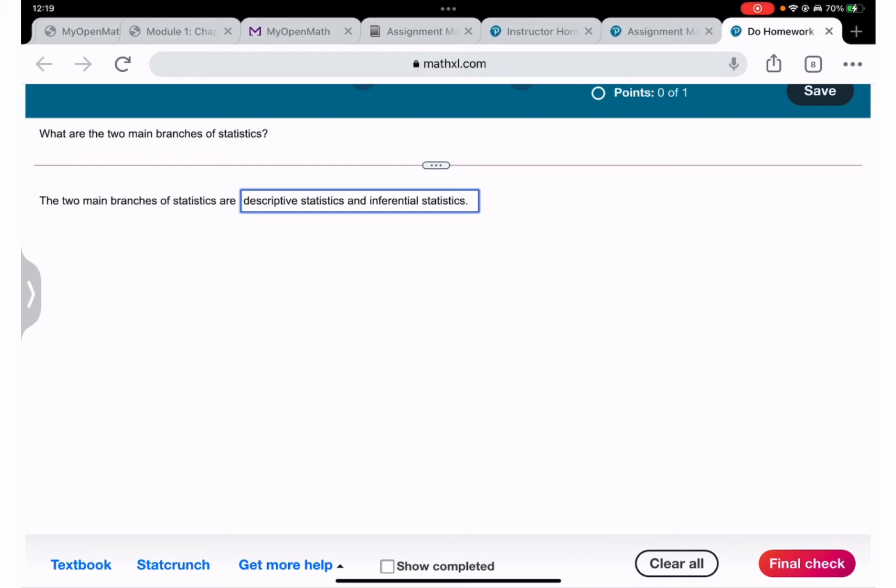They keep the data they need, and the data they don't need they leave out. Then they analyze. Once they do the analysis, the result passes to inferential statistics, which draws the conclusion from the analysis. So inferential statistics draws conclusions from analysis, and descriptive statistics is collecting, organizing and analyzing data.